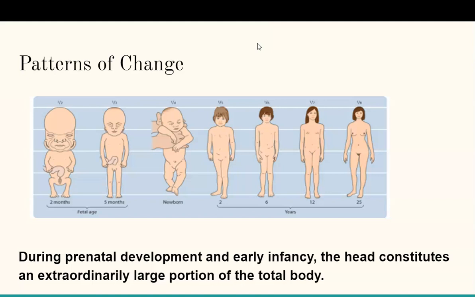And then as the child gets older, their body starts to lengthen and their trunk becomes the largest portion of their body. But originally at the beginning, when they are in the mom's womb and when they are born, the body is not as large as the head. The head takes up a huge portion of the body.